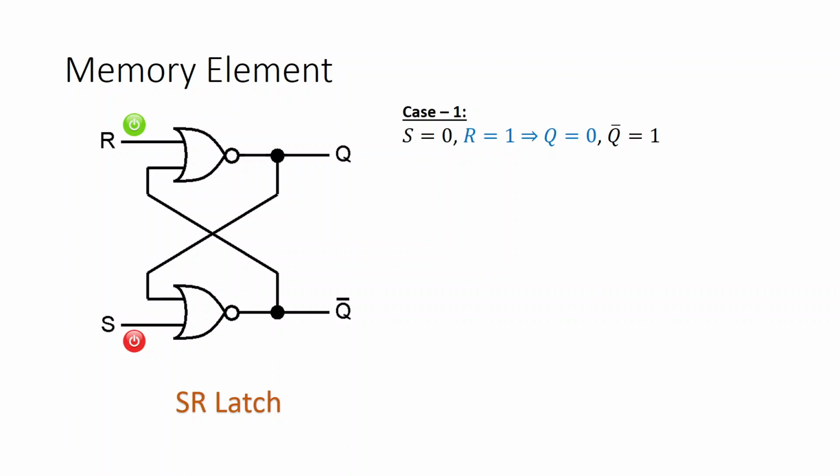So, here you can see what has happened in this circuit. We have connected two NOR gates in some sort of a feedback loop. So, you can understand that the output of one NOR gate is connected to the input of the other NOR gate. Okay, and this happens for both the NOR gates.